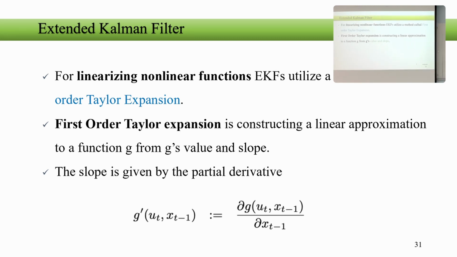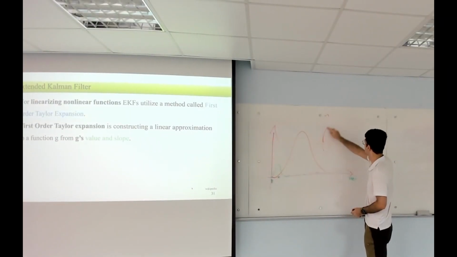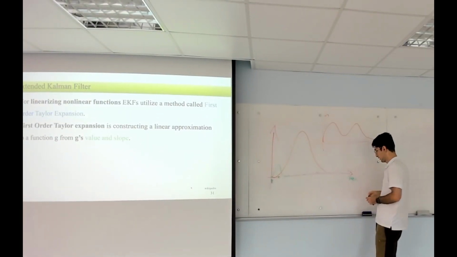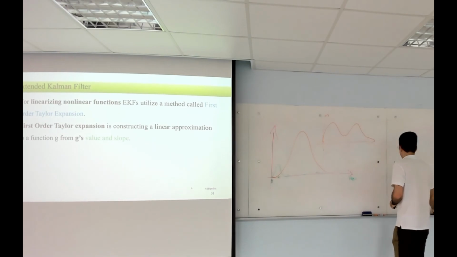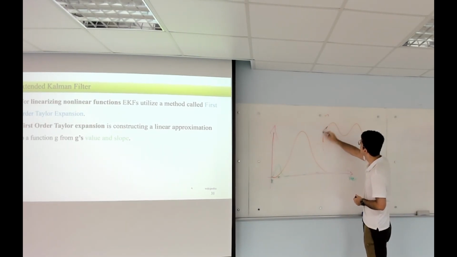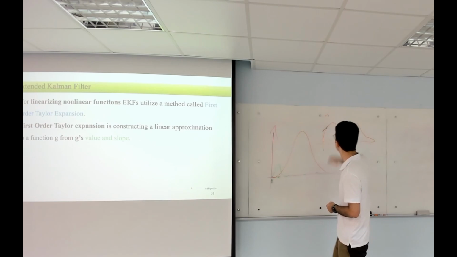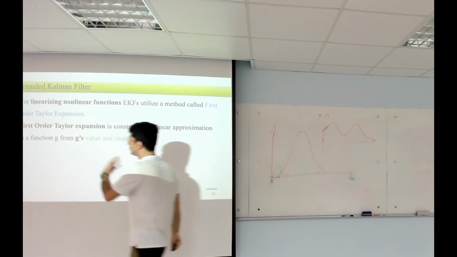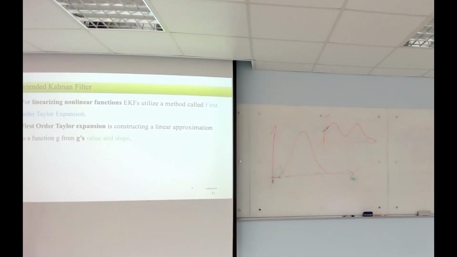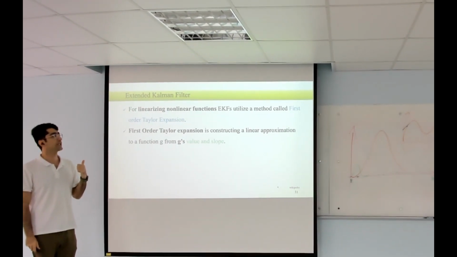It means that if we have a non-Gaussian model, then the idea is, for example, if you have a point here, use the slope and the value where it is in order to linearize the nonlinear model that we have.